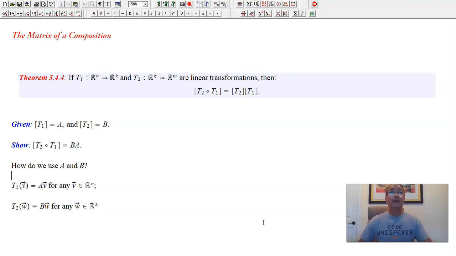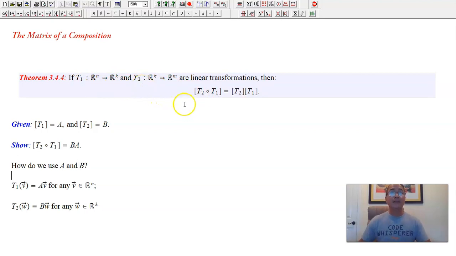We saw, or at least we demonstrated, that if you have a composition of two transformations, if T1 is going from Rn to Rk, and then T2 continues from Rk to Rm, then we can form the composition T2 composed with T1, because the output of T1 can become the input of T2.